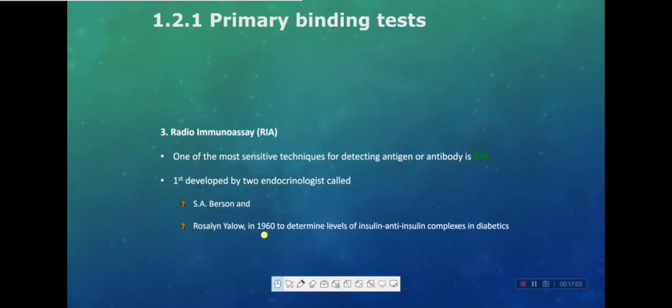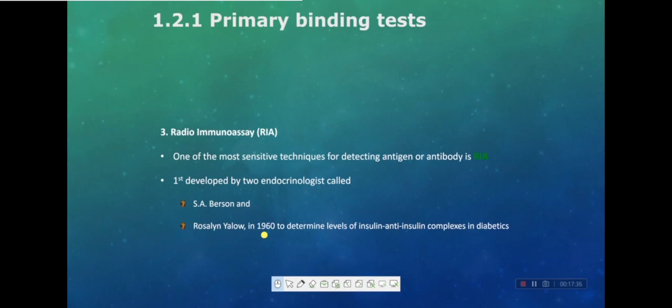Radioactive isotopes such as tritium can be used for the labeling. So RIA is a highly sensitive method to detect low concentrations of unknown antigen and is also used to assay compounds such as hormones, drugs, enzymes, and microbial antigens, for example hepatitis B antigens, CEA and alpha fetoprotein antigen. It is also used for the detection of antibodies.